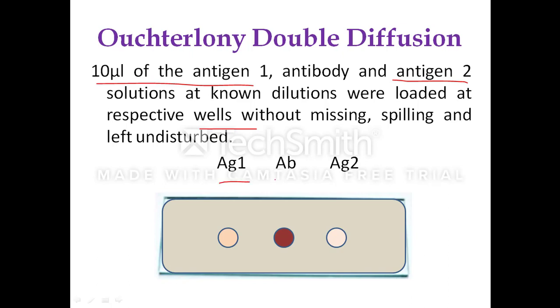So we know the concentration and dilution of these antigen 1, antibody and antigen 2 solutions, and we are sure that we have not mixed the tips while loading each solution into the respective wells. It will be kept undisturbed in the moist chamber to allow the diffusion of antigen 1 and antigen 2 and to determine their specificity towards the antibody which is loaded at the center.